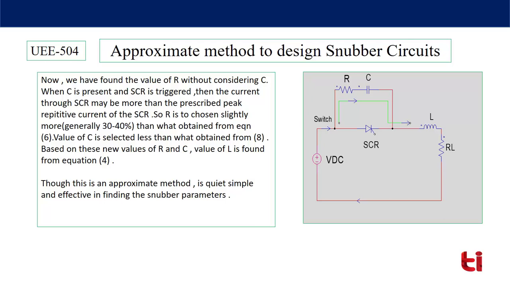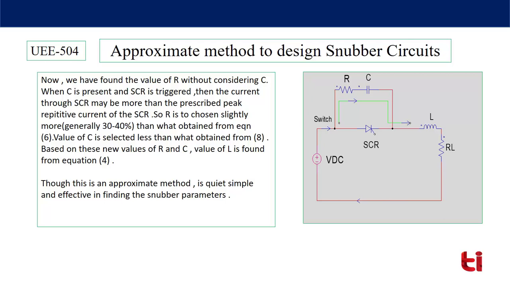So the discharging current of the capacitor is to be reduced. So whatever value of R we have got, a little bit it is to be increased. Generally 30 to 40% more we can choose, so that the current through the SCR should not increase more than its rated value or peak repetitive current of the SCR mentioned in the data sheet.